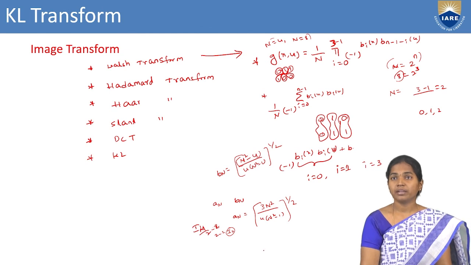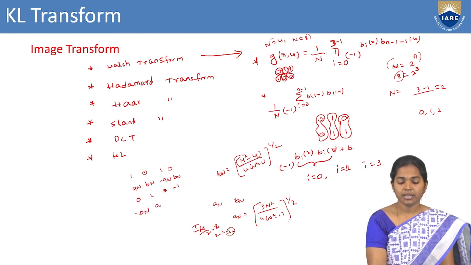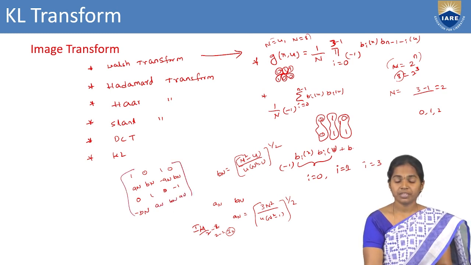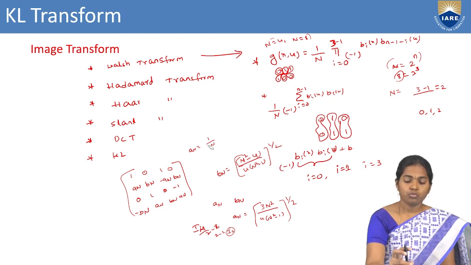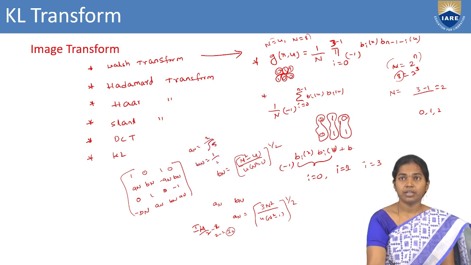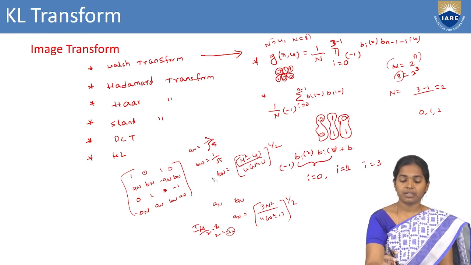Then in our slant matrix, if capital N equals to 4, the matrix is 1 0 1 0, an bn minus an bn, 0 1 0 minus 1, minus bn an bn an. So substitute the n value, here it is 4. Based on that, we are getting an value 2 by root 5 and bn value 1 by root 5. Substitute these values and multiply with S2 0 0 S2 matrix.